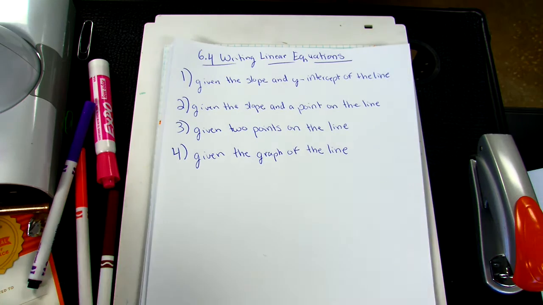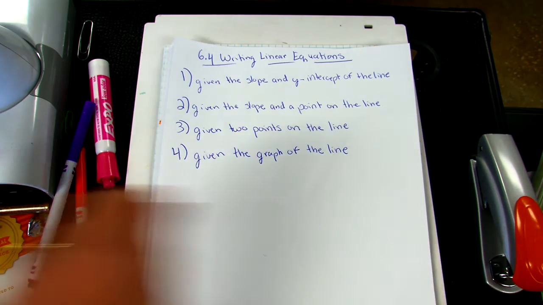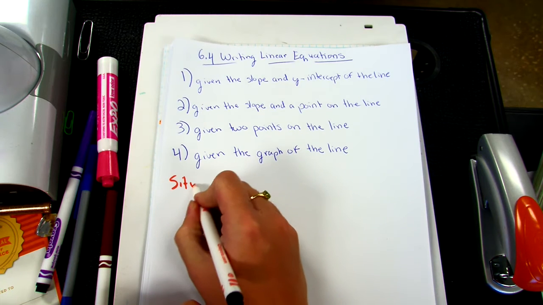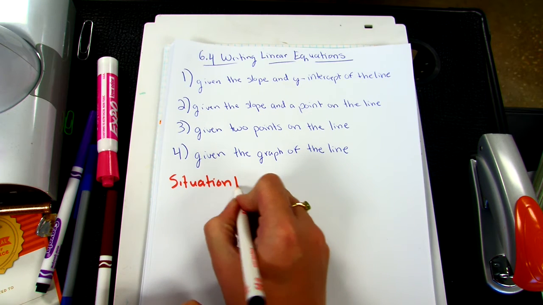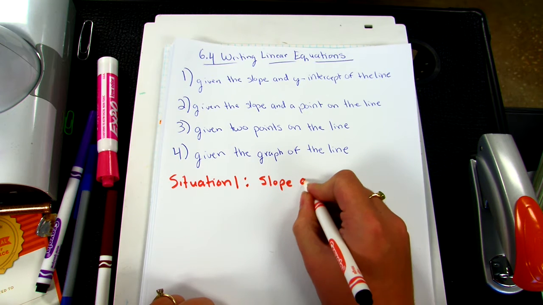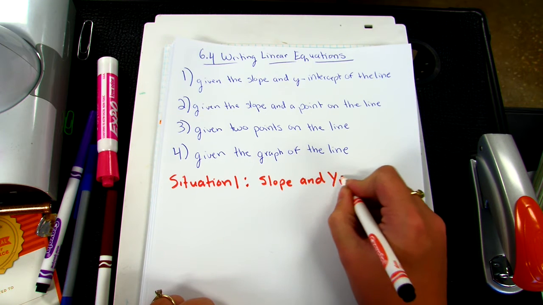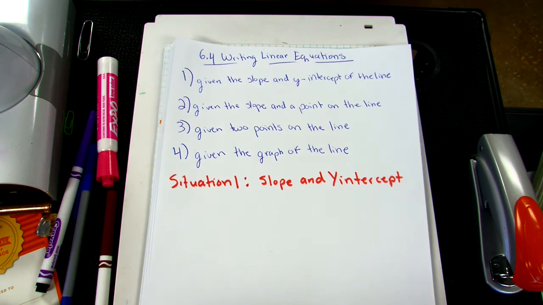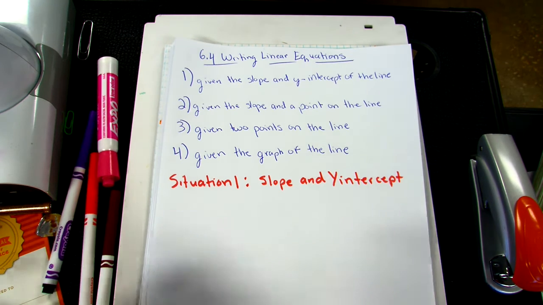Okay, so let's talk about situation number one. Situation number one is when we are given the slope and the y-intercept. Okay, so the example for that says this.